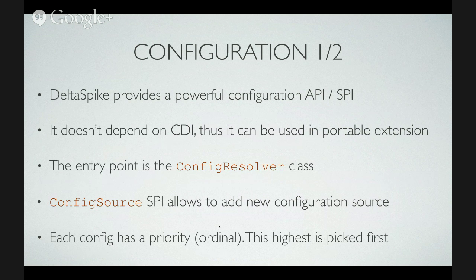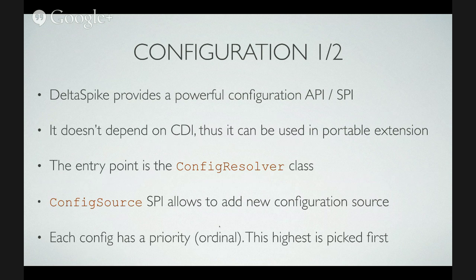So you will use the entry point, which is the ConfigResolver. I will show you an example right after that. And you can define different sources to look for your configuration items. You have a ConfigSource SPI that allows you to add a new configuration source, and of course there are already configuration sources provided out of the box.